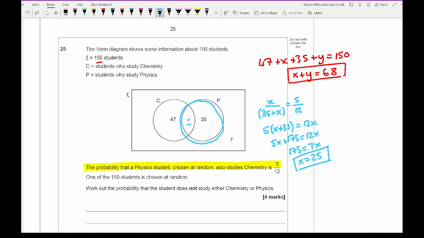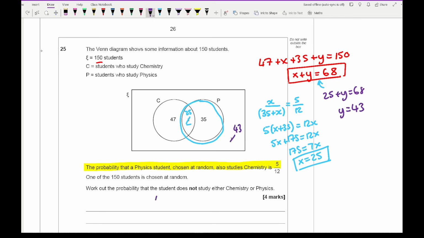So from this, I can cross that out and write 25 there. And then using this, I get 25 plus y equals 68. So therefore, y equals 43. Now the question is then saying, work out the probability that they don't study chemistry or physics.